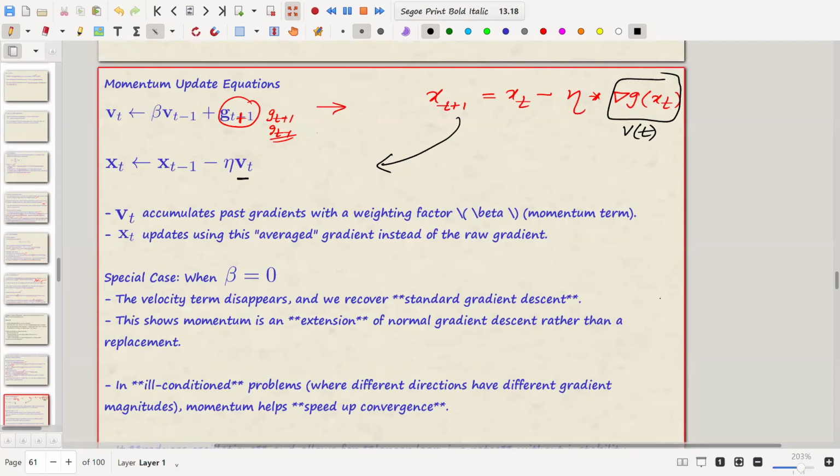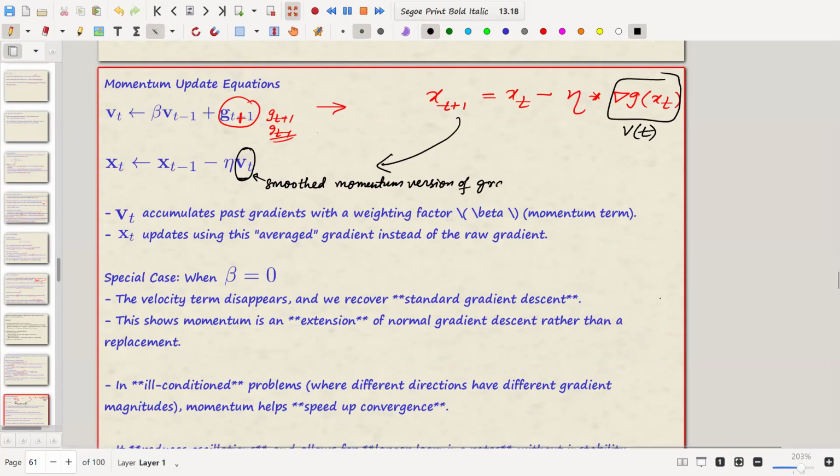Instead of the gradient, we are using the smoothed momentum version of the gradient. I hope that is clear. v_t accumulates the past gradients, and x_t updates with this average gradient instead of the raw gradient.